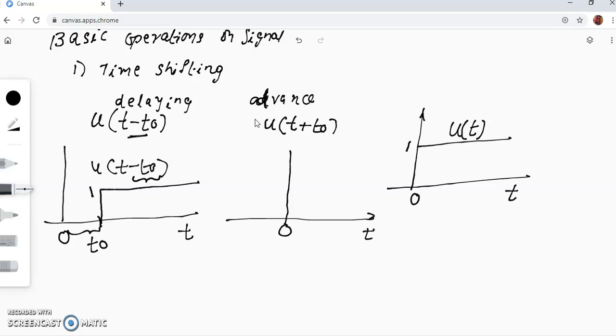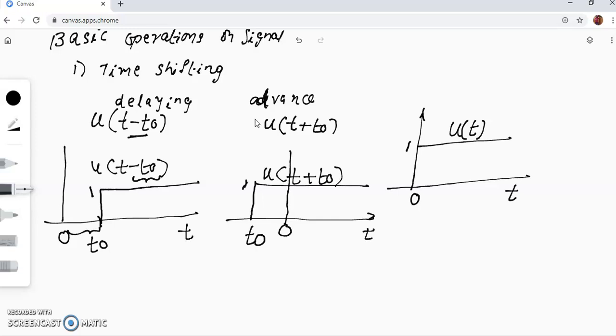But now you are seeing that your signal is not starting from t equal to 0, but it is starting before time, before the origin, at the location t equal to minus t0. So this is your signal u of t plus t0, and the amplitude of the signal again is 1.